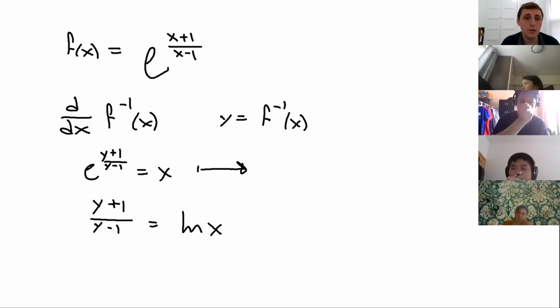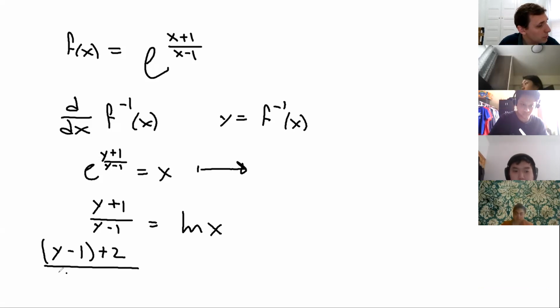So what do we have next? I can write this as y minus 1 plus 2 divided by y minus 1, which is simply 1 plus 2 over y minus 1 equal to ln x.